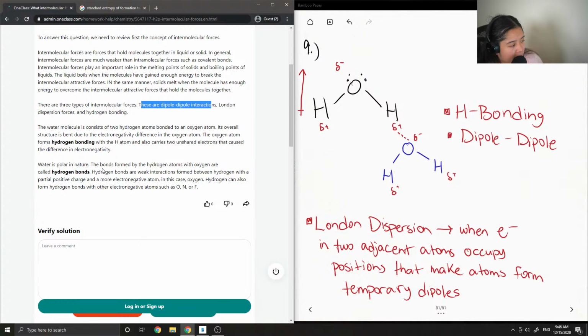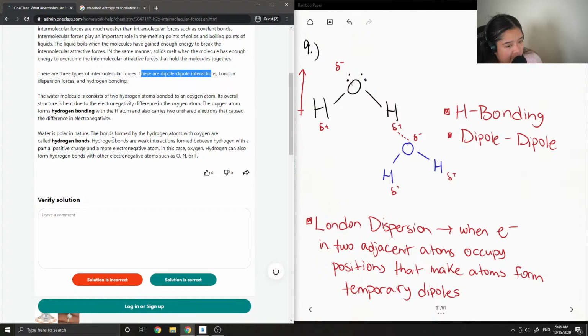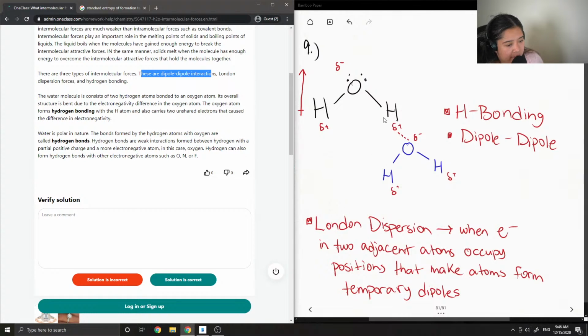Water is polar in nature. The bonds formed by the hydrogen atoms with oxygen are called hydrogen bonds. I'm just going to make a note that it's because of the difference, the partially negative and partially positive sides of water, that it attracts another water molecule.